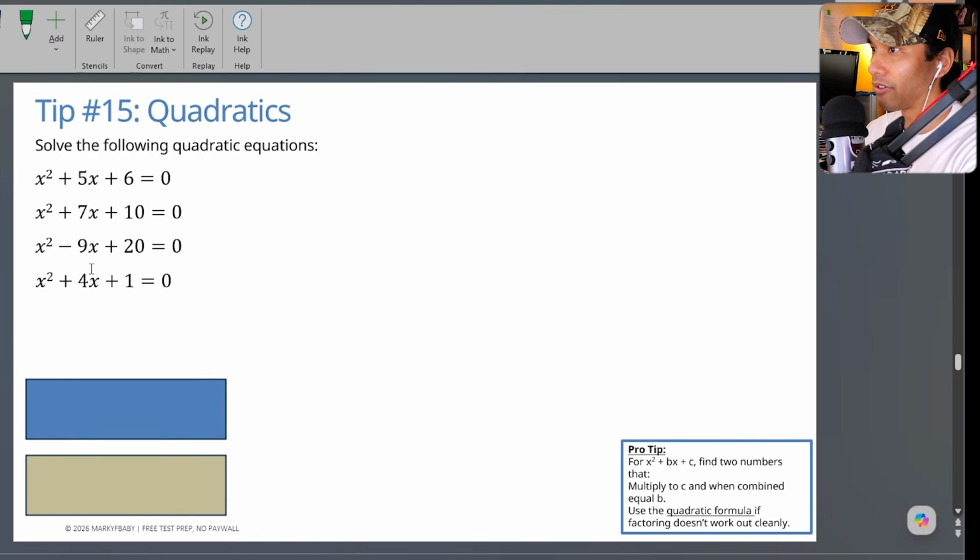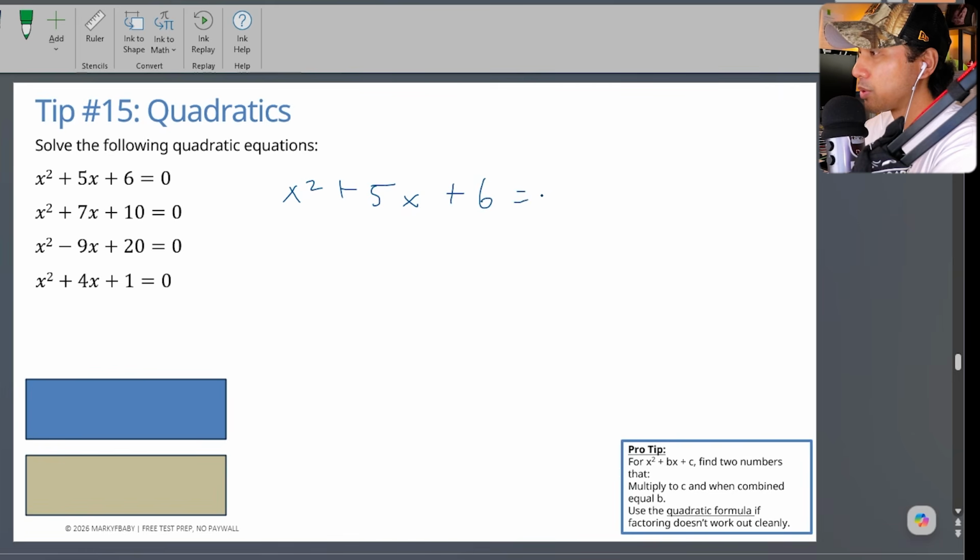Tip number 15. Solve the following quadratic equations. Okay, there are two techniques I'm going to teach you. So we have x squared plus 5x plus 6 equals 0. Okay? So for this, you look at this 6.